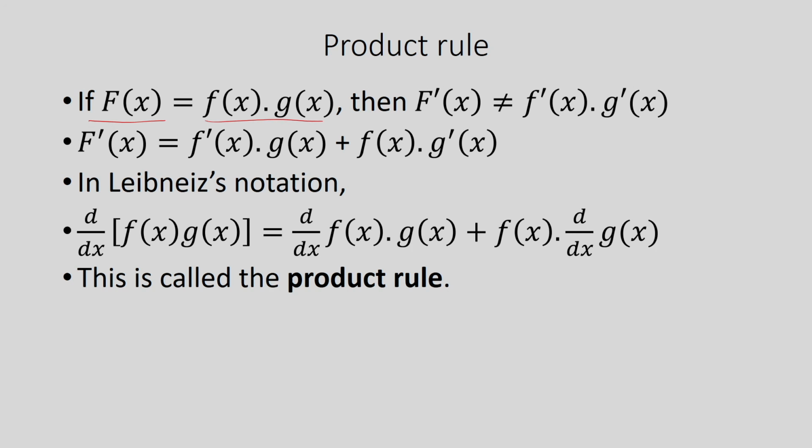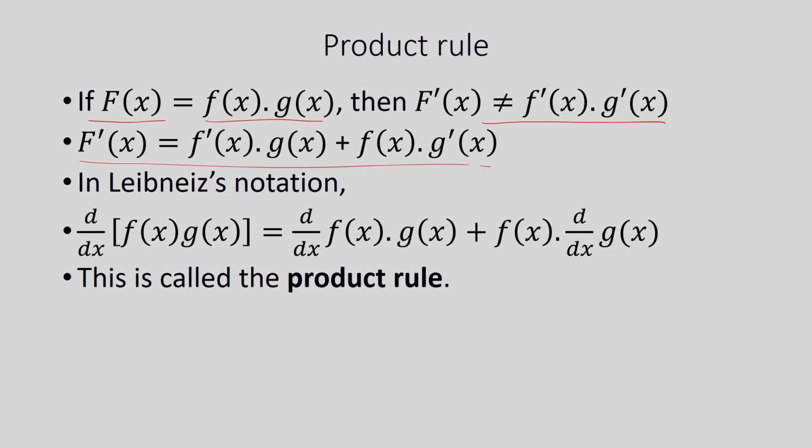Then interestingly, unlike what our intuition would tell us, F dash of x is not equal to small f dash of x multiplied by small g dash of x. It is actually equal to this: capital F dash of x is equal to small f dash of x multiplied by g of x plus small f of x multiplied by g dash of x.